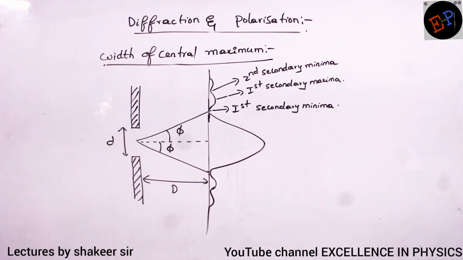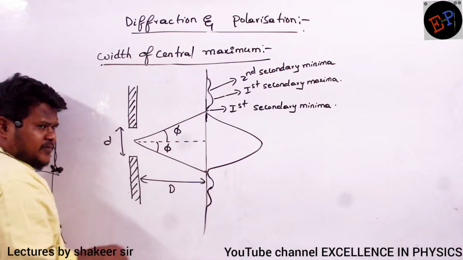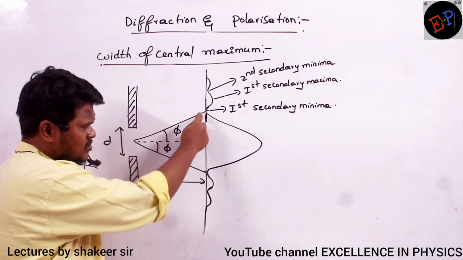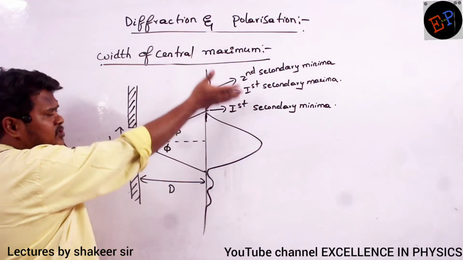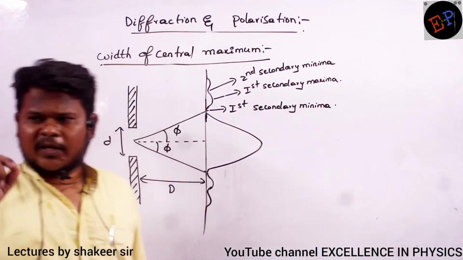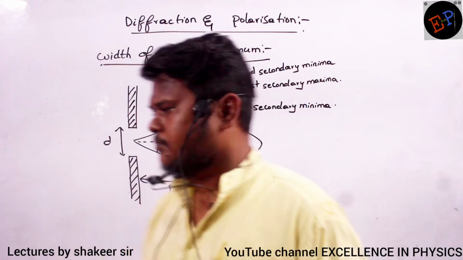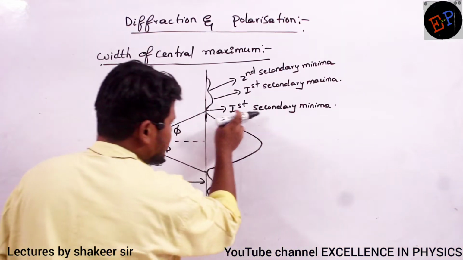So next we are discussing the width of this central maximum. Already we studied that only the central maximum will be very large, no? Its brightness and width will be very large. The remaining fringes will be very small, and as you move away from the center, brightness, intensity, thickness, width, everything will be reduced. Now see. Already we have studied the first secondary minima.